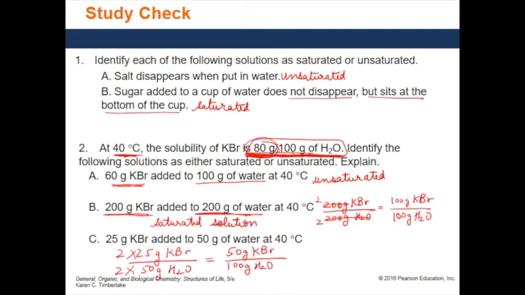So right now in 100 grams, I only have 50. I can maximum have 80. So I have less than the maximum amount, which means this is also an example of an unsaturated solution. Here basically I'm trying to make the amount of solvent equal to 100 grams, so I can figure out how much solute can be added.